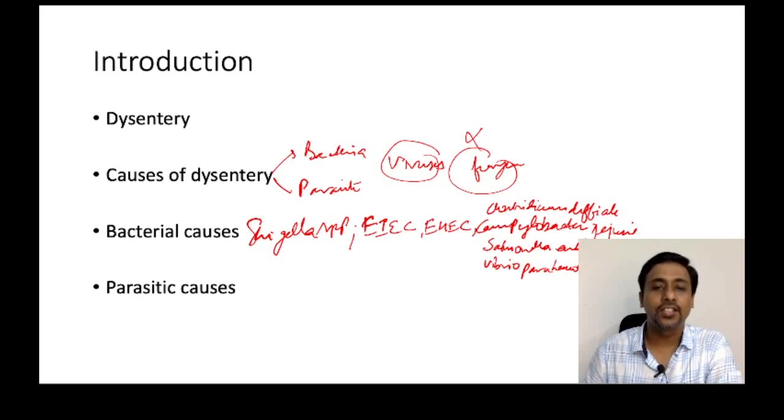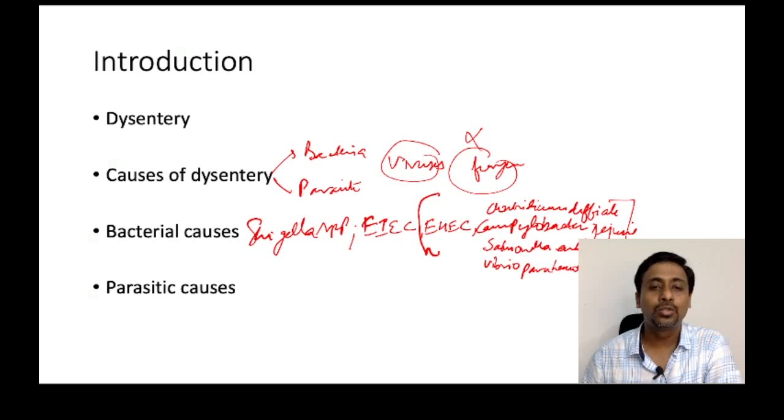All these agents except Shigella species and enteroinvasive E. coli primarily cause diarrhea, but in severe cases they may cause dysentery.